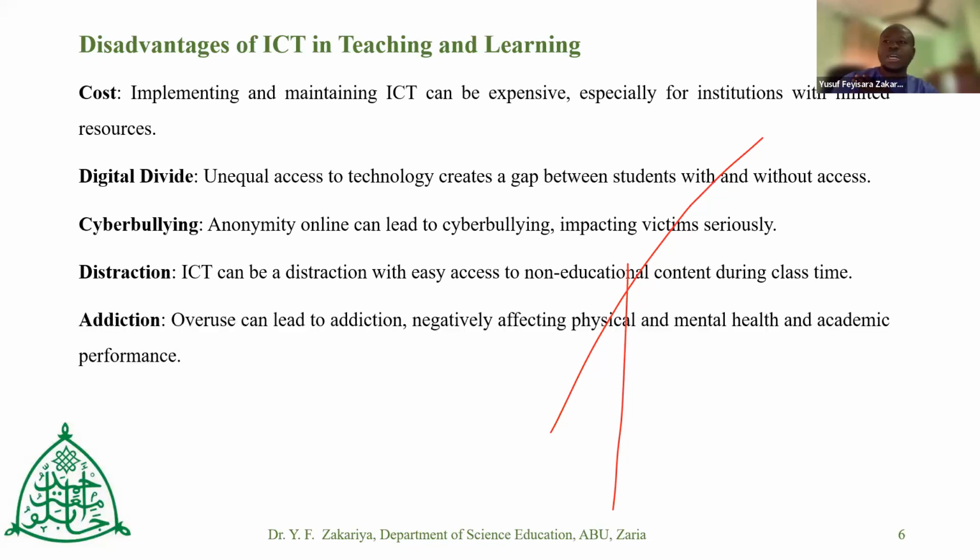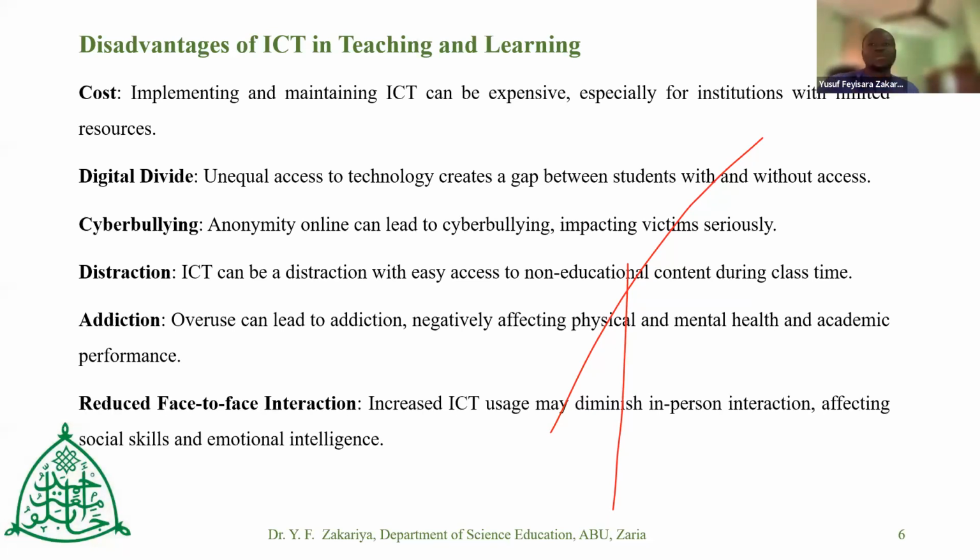And we can also have addiction as another disadvantage of using ICT. Okay, it can also reduce face-to-face interaction. So these are the disadvantages that we mentioned in our last class. I'm reviewing this so that you have appropriate information about what we discussed.